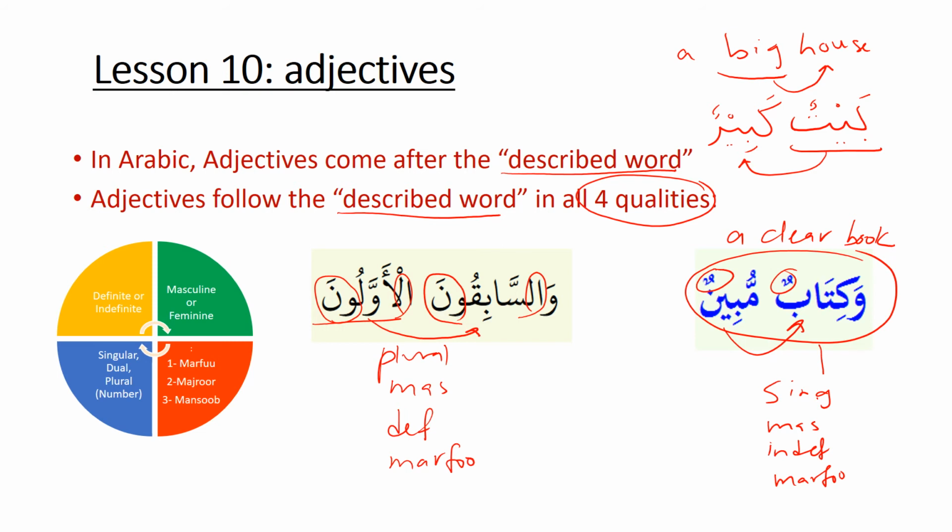Sabiquna means the predecessors, and awwaluna means first. So the first, or not predecessors, forerunners, the first forerunners. Sabiquna means forerunners, meaning the ones who go first, kind of thing. So they are the first of the first, you can say. So yes.